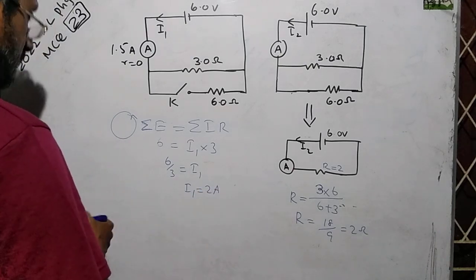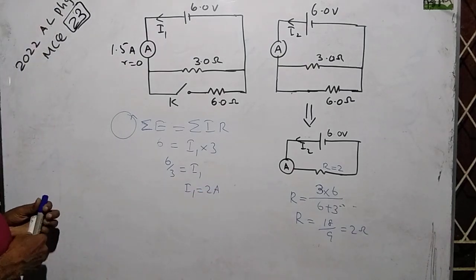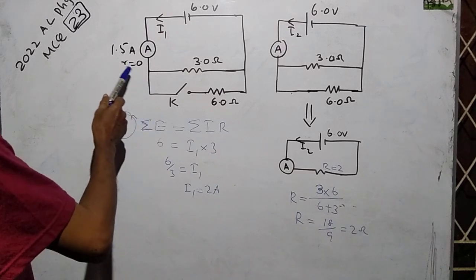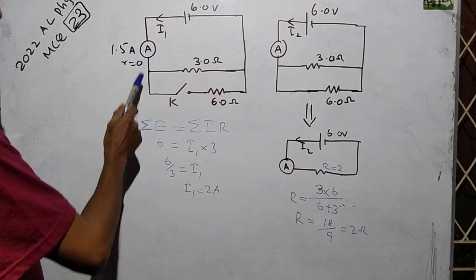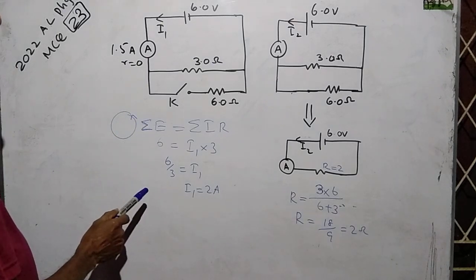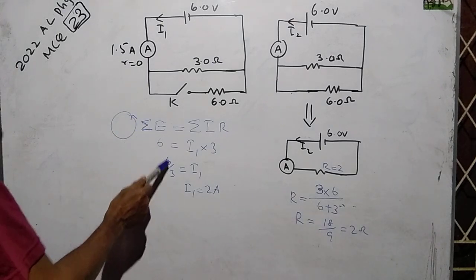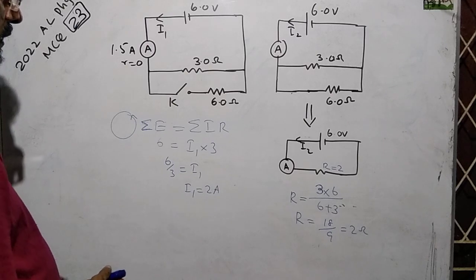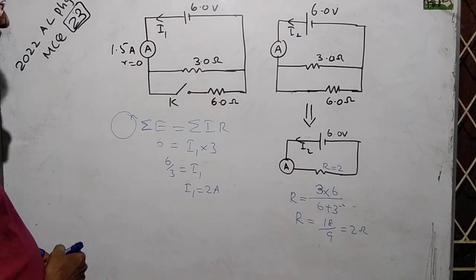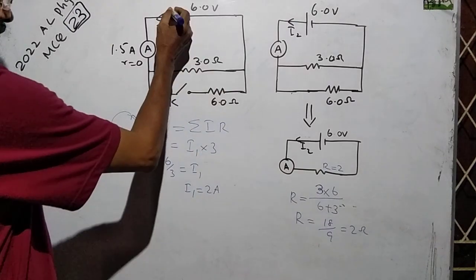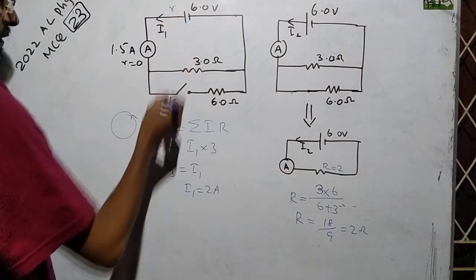But in this case, it is given that the current through the ammeter is 1.5. Therefore, there is an unknown thing in this circuit. Therefore, we can't consider r equals 0. There should be an r value, an internal resistance.